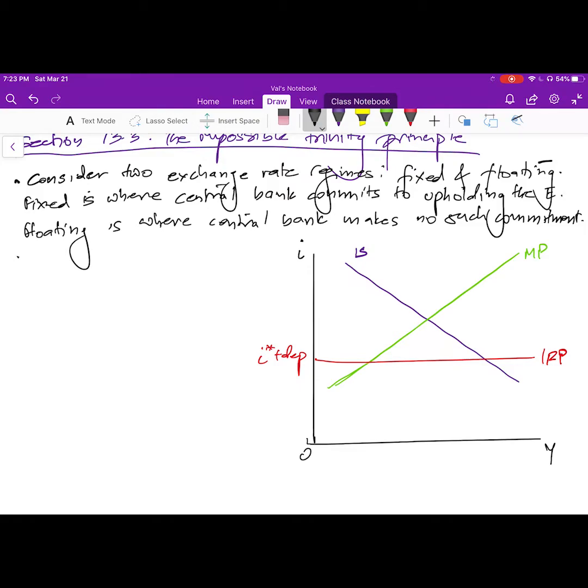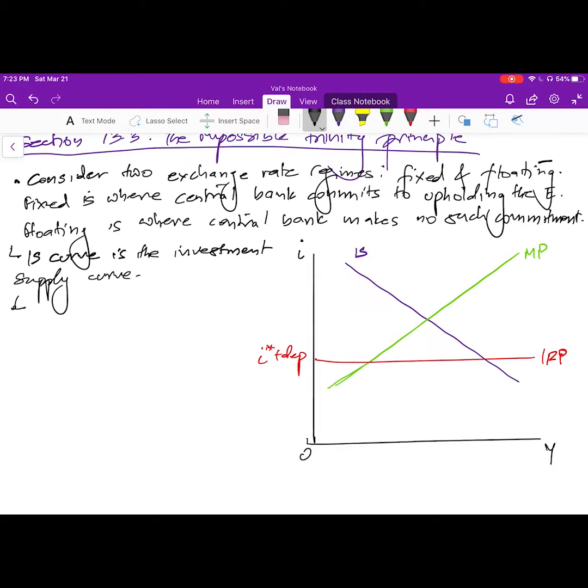So just a summary, the IS curve is the investment supply curve. We discussed this already in the first section, so I'm not going to dig deeper into this.